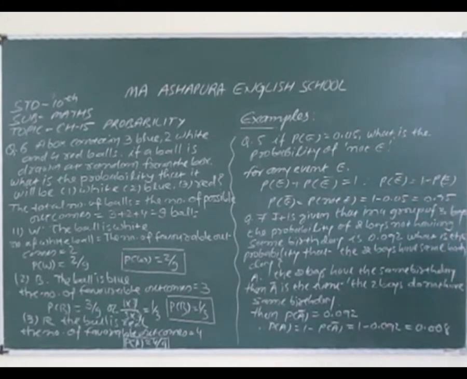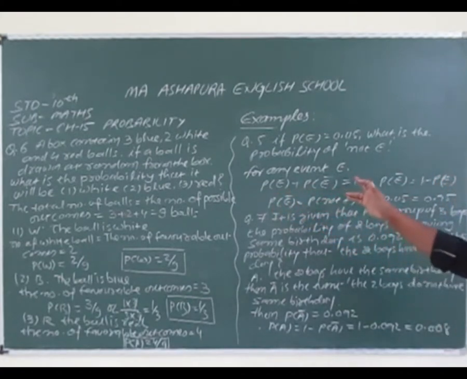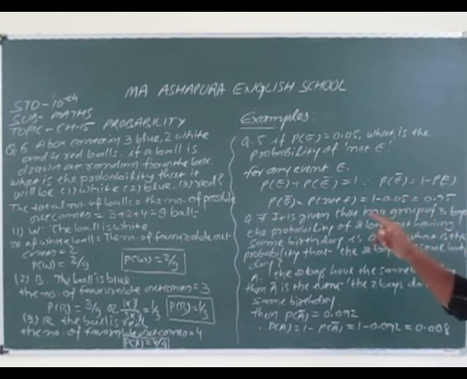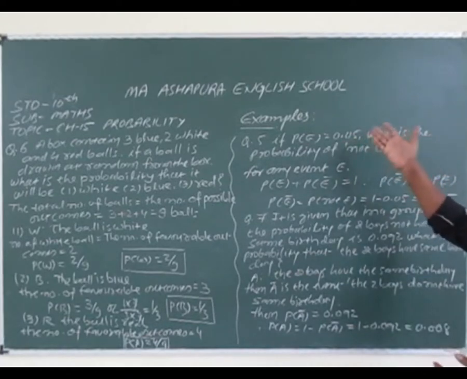Okay, for any event E, we know very well that P of E plus P of E bar, that means the probability of not event, is equal to 1. Therefore, if we want to find not E, then our formula is P of E bar is equal to 1 minus P of E.